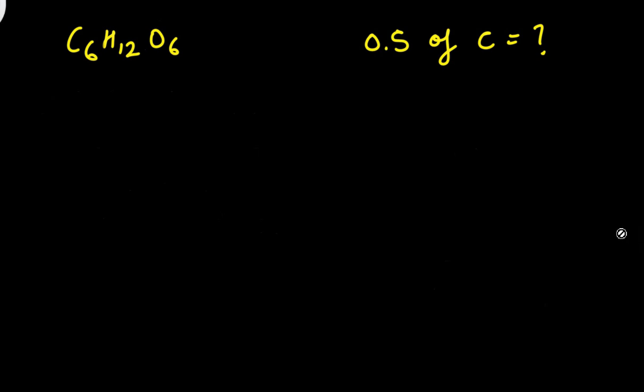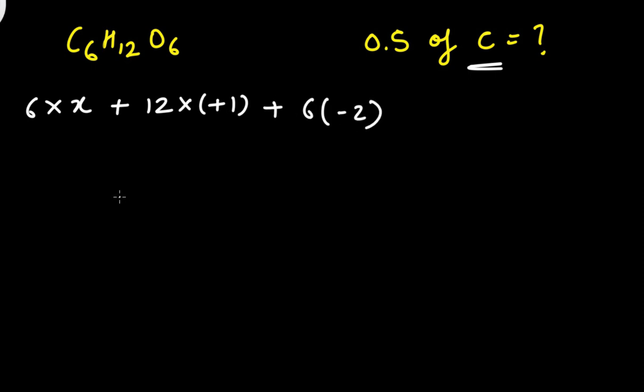This is very common. This is glucose, C6H12O6. You have to find the oxidation state of carbon, right? 6 into X plus 12 into +1 plus 6 into -2, right, is equal to 0. 6x plus 12 minus 12 is equal to 0, right?